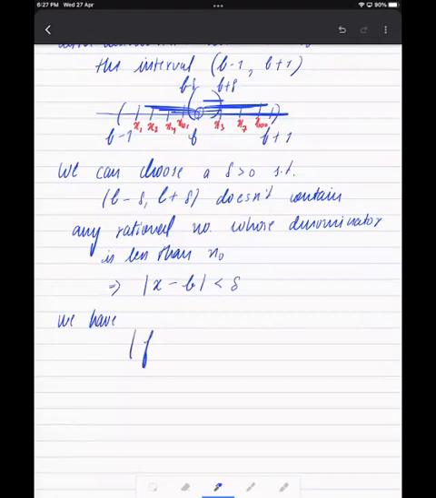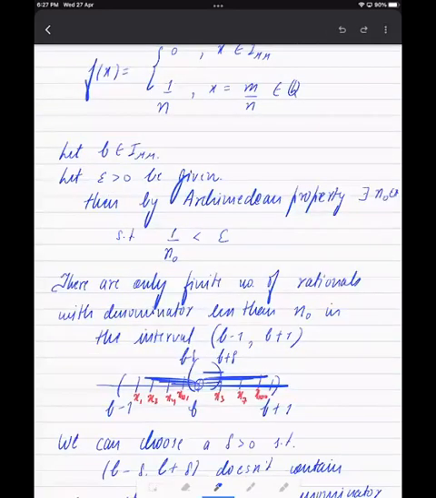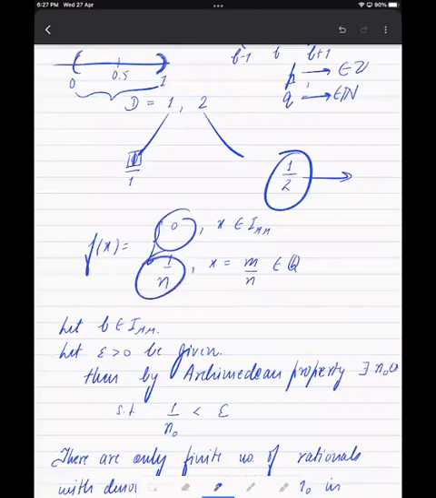Tell me about f of x minus f of b. What is your x? X is in this interval. It can be any rational number, it can be any irrational number. I cannot give a definite value to it.